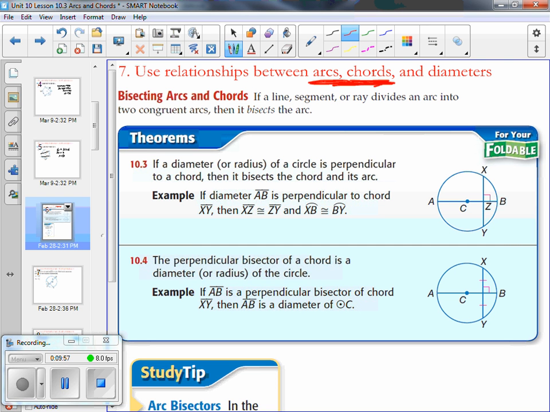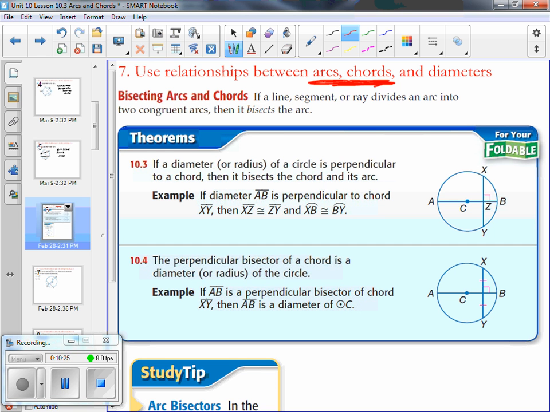The center. And a diameter contains a radius, but they both go through the center, don't they? So a segment that goes through the center, whether it's a diameter or a radius. So if a diameter or a radius of a circle is perpendicular to a chord, then two things happen. That diameter or radius bisects the chord, and it bisects the arc.